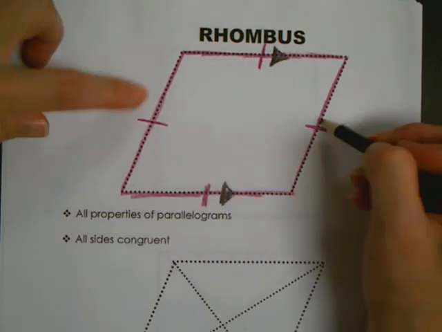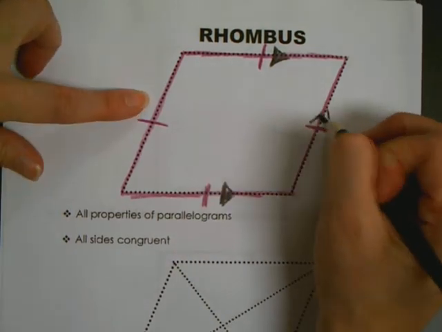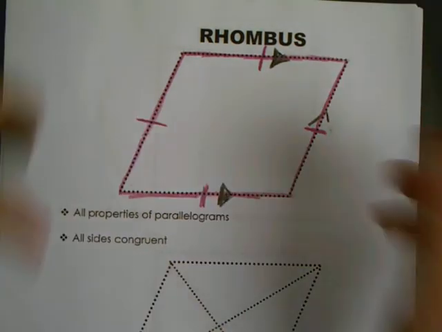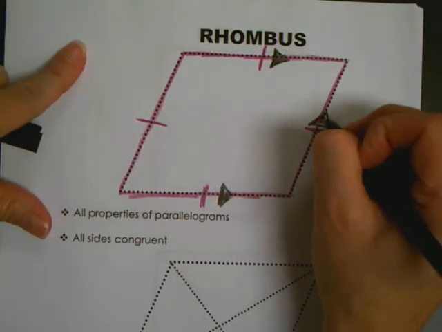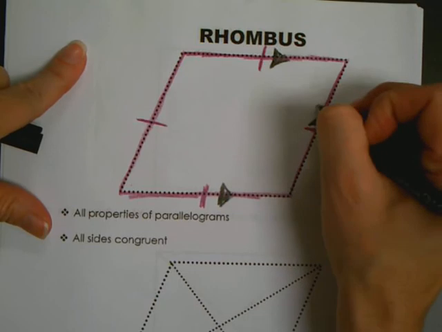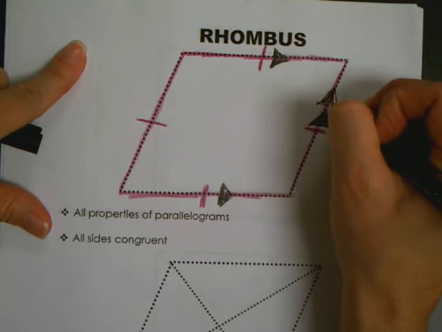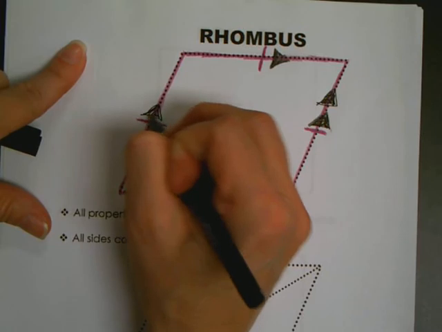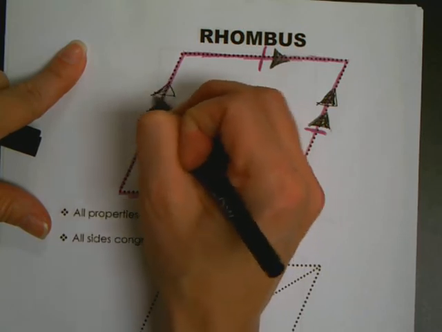And then these two sides are parallel, so I'm going to, oh, I broke my pencil. Darn it. Let me use a different one. Here we go. Arrow, arrow, arrow, arrow.